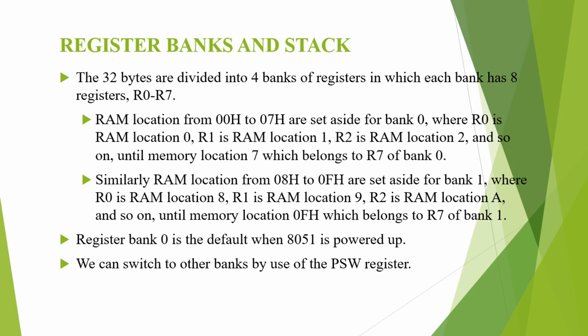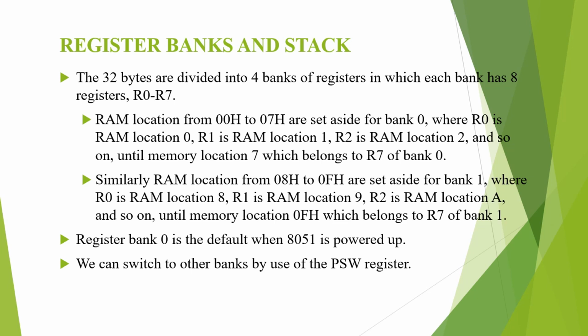Similarly, RAM location from 08H to 0FH is set aside for bank 1. Here R0 of bank 1 is in location 08, R1 is in 09, R2 in 0A and so on until memory location 0FH belongs to R7 of bank 1. Register bank 0 is the default register bank when 8051 is powered up.